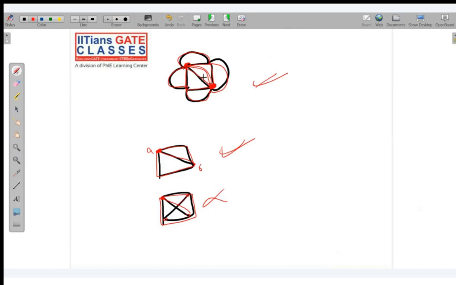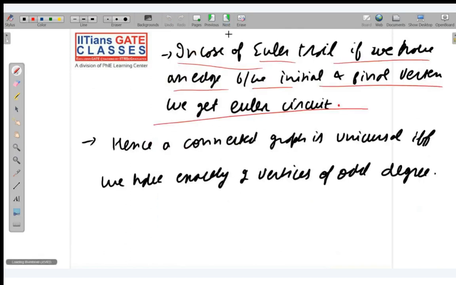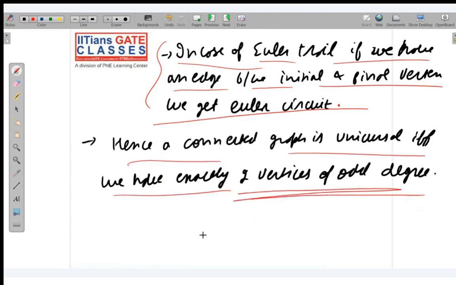So let me see whether I have written the theorem here or not. Yeah, I have written it. So I have written here, see this, a connected graph is Euler if and only if we have exactly two vertices of odd degree. There should be exactly two vertices of odd degree. So for example, see this, this is a vertex of degree 3.